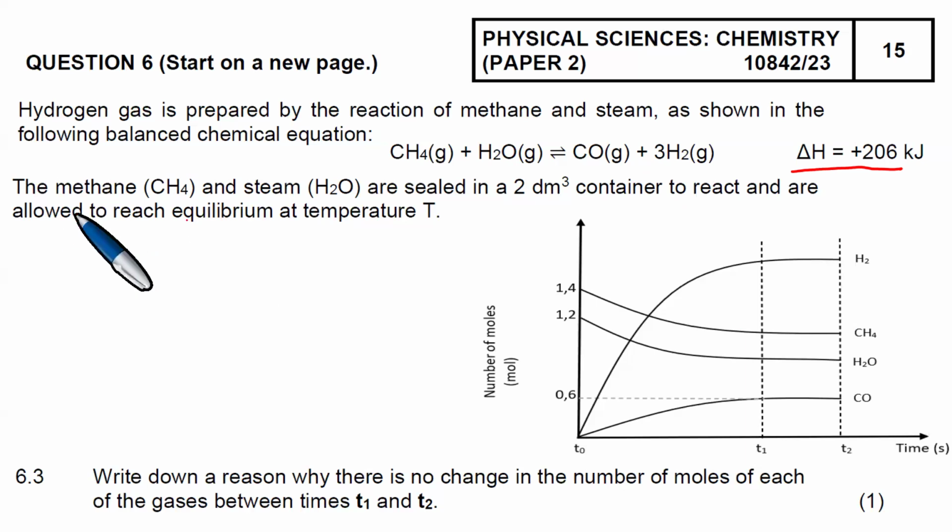Now, the methane gas CH4 and steam H2O are sealed in a 2 cubic decimeter container to react and are allowed to reach equilibrium at temperature T. There's some temperature at which these particular reactants reach equilibrium, because what is happening here, we take these and we put them in a container.